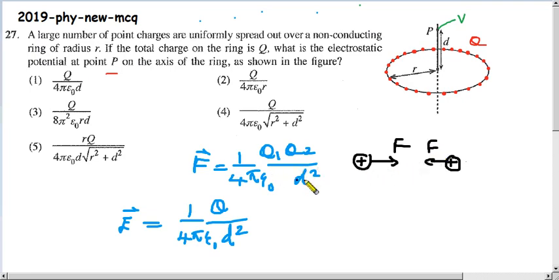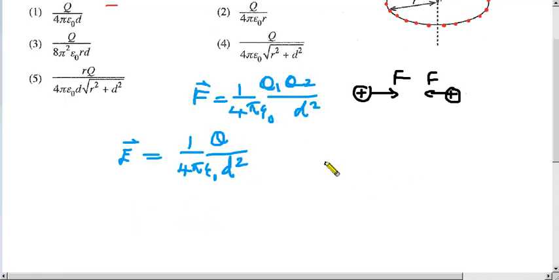So that is the equation for such a system. So what is this E? That is the field strength. Sometimes we call it field intensity. So that is for one charge.